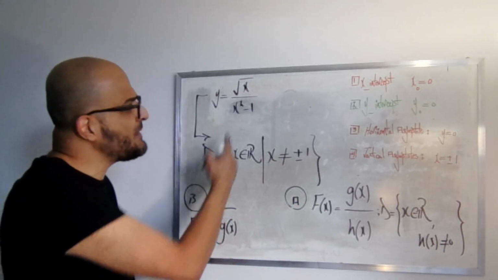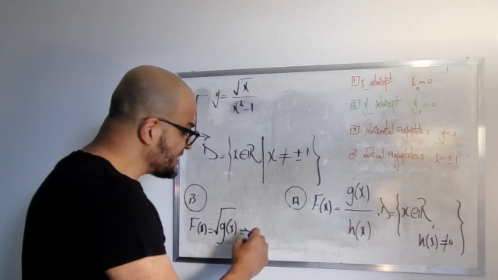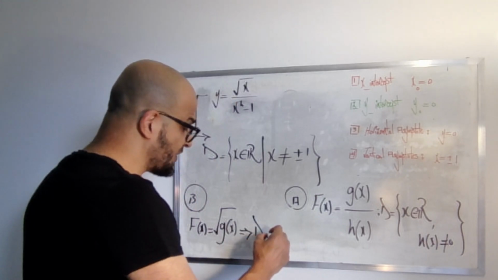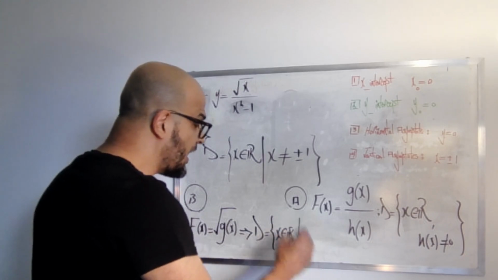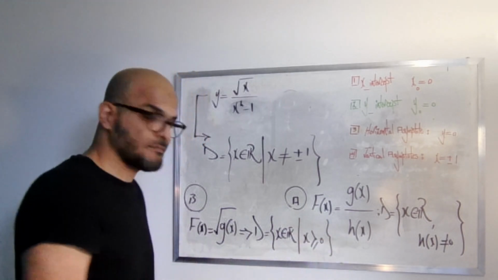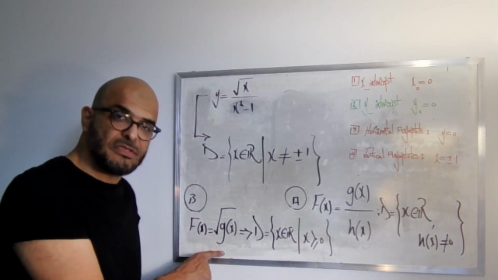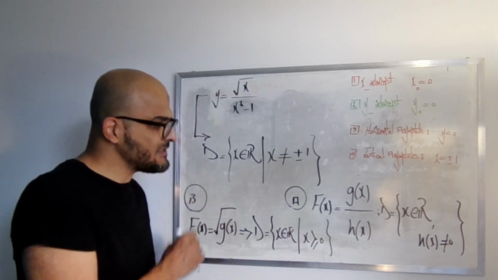G of x can be any form, like the square root of x. We said that the domain of this function is all the real numbers, however x has to be positive, because under the square root you cannot have a negative number, so you're restricting yourself to the positive numbers.